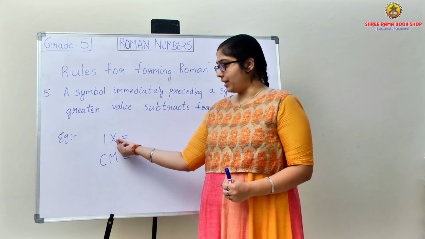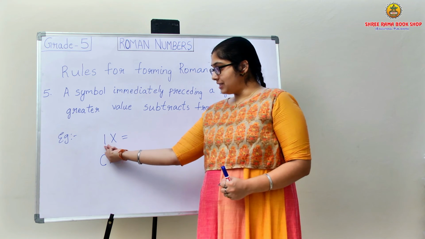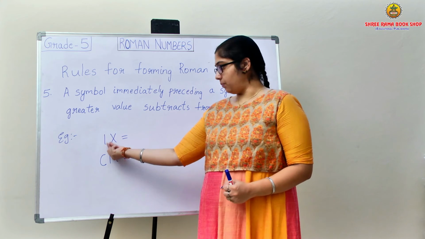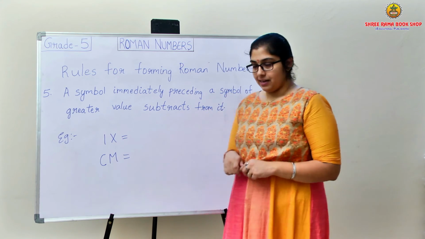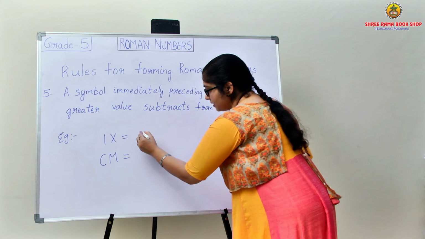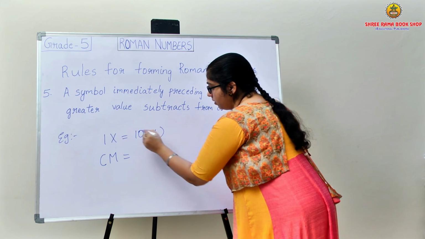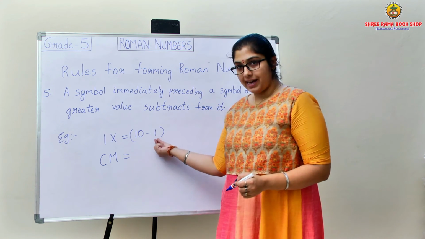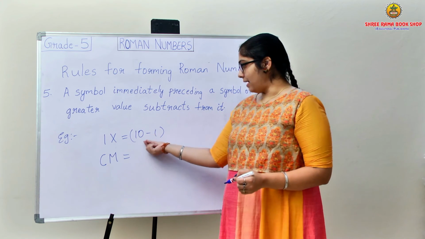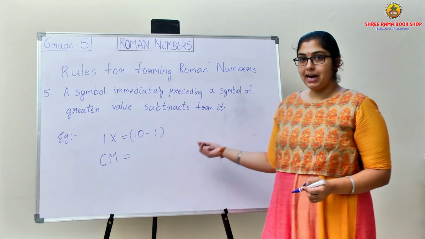So I need to subtract the value of this preceding symbol from the X value. So here IX is there. So I need to minus the value of I from X. So 10 minus 1, which is nothing but 9.